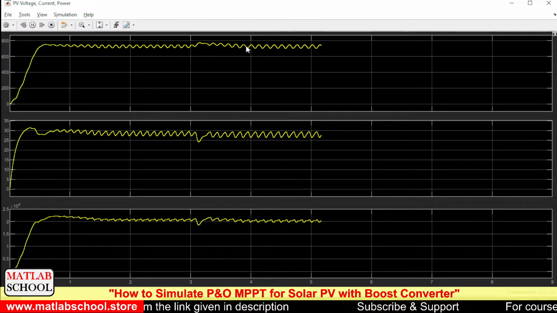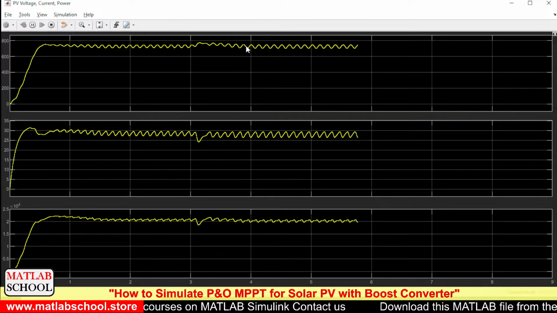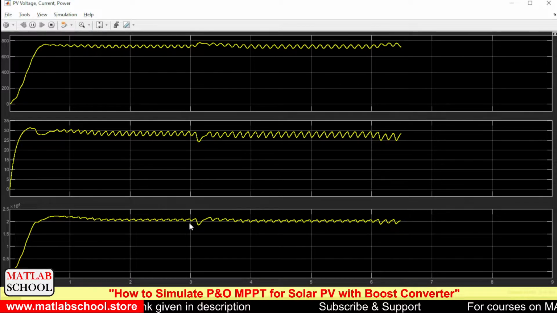The simulation is running. Now it is about to reach 6 seconds. At the sixth second, there will be a switching in load. So now the load resistance becomes 150 ohms. Up to 3 seconds, the load will be 50 ohms.